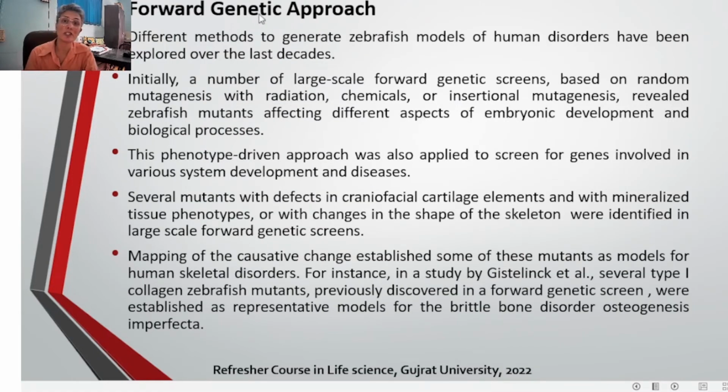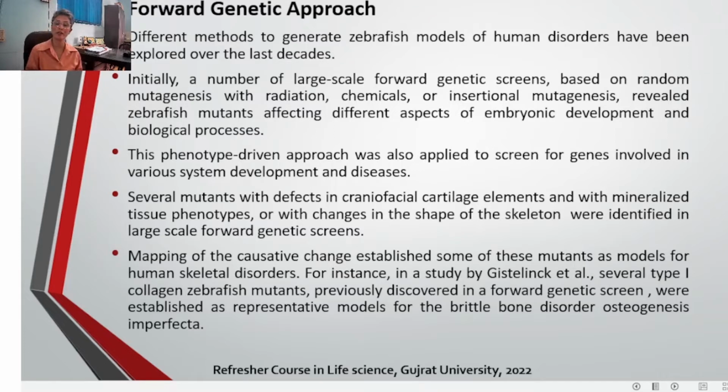Now in the forward genetic approach, different methods of generating zebrafish models of human disorders have been explored over the last decade. Initially, a number of large-scale forward genetic screens were based on random mutagenesis with radiation, chemical or insertional mutagenesis. Mutagenesis revealed zebrafish mutants affecting different aspects of embryonic development and biological processes.